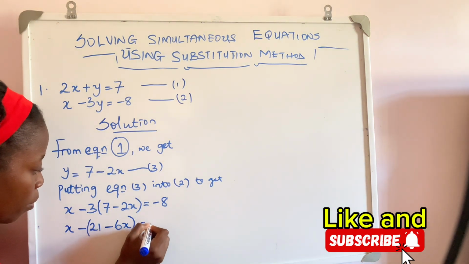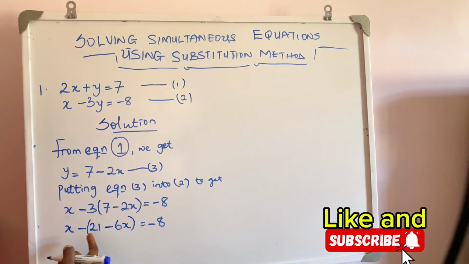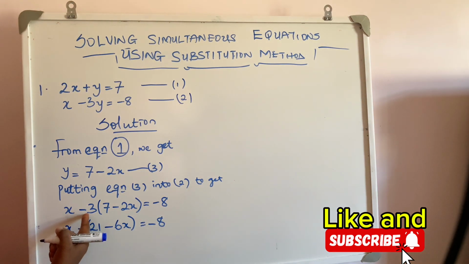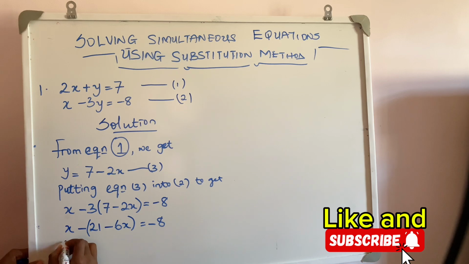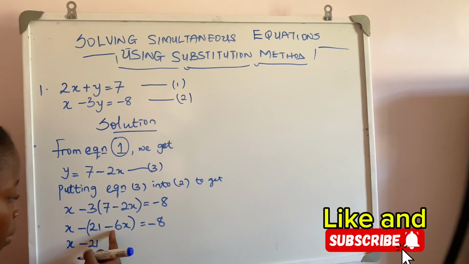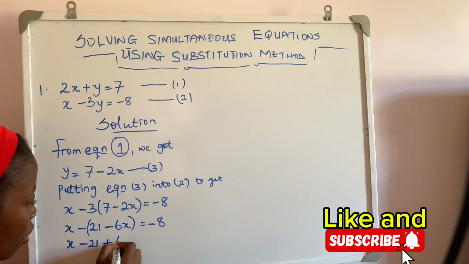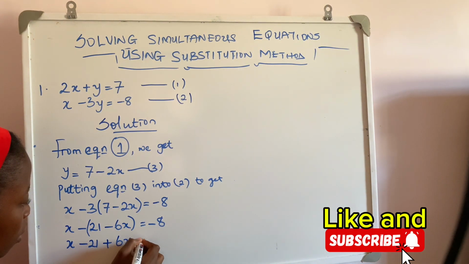Is equal to minus 8. Now this is in brackets because we haven't times the minus here. It was just 3 times minus 2x that gave us minus 6x. So trying to open up the bracket, you get x minus 21, because minus times plus is minus. Then minus times minus gives plus 6x is equal to minus 8.